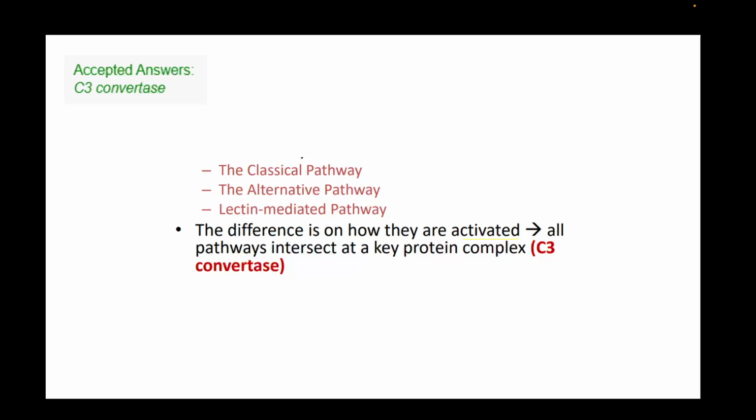The C3 convertase then cleaves the complement protein C3 into C3a and C3b, a critical amplification step that enables opsonization, inflammatory signaling, and ultimately leads to the downstream formation of membrane attack complex via C5 convertase assembly.